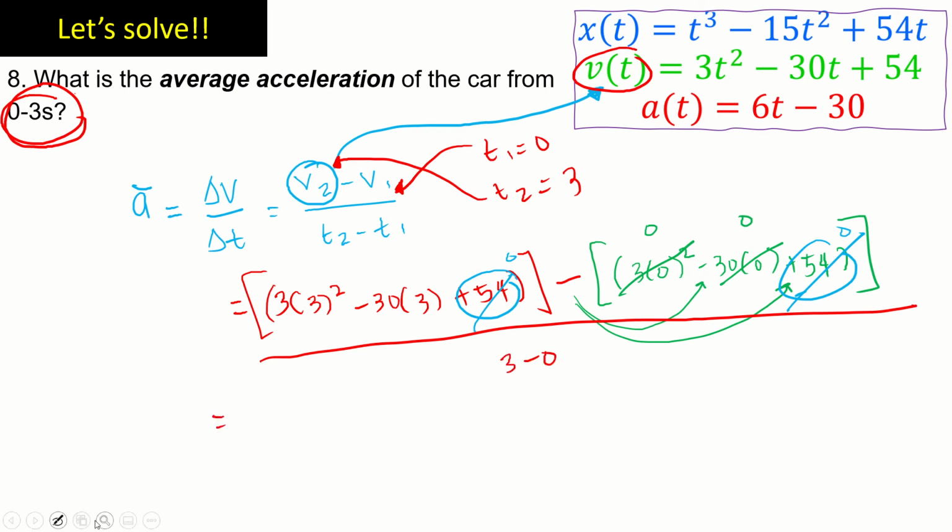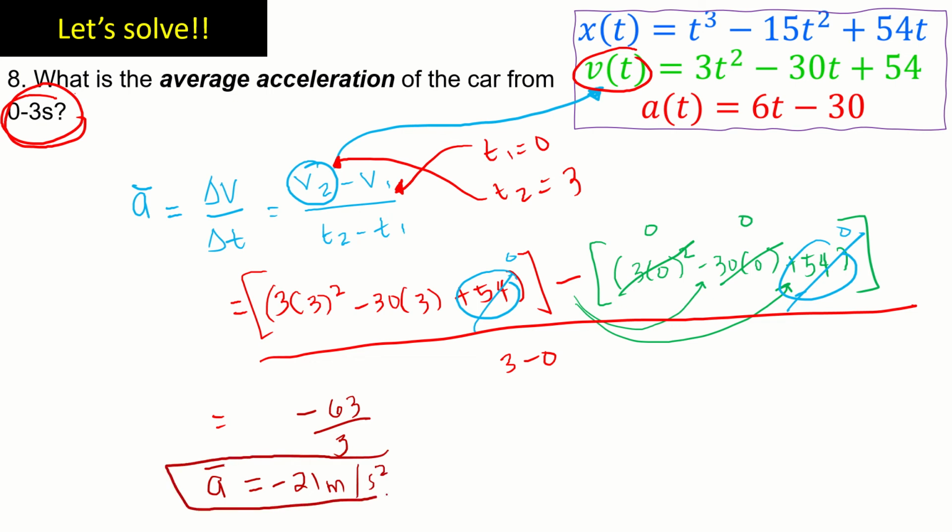So, going back to our formula, you'll be solving this one, negative 63 over 3. So, your average acceleration is negative 21 meters per second squared. This is your average acceleration from 0 to 3 seconds.